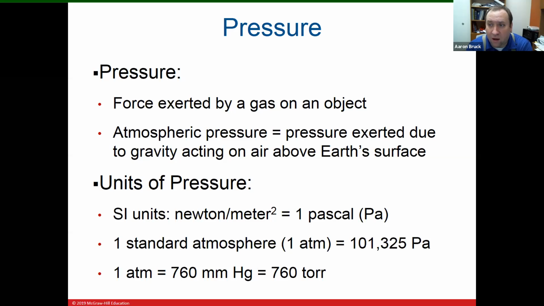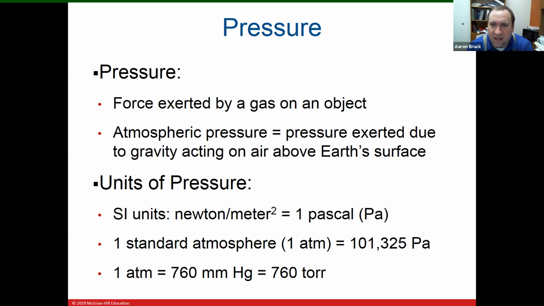Pascals, Pa, are the SI unit for pressure. Now, pascals are tiny amounts of force. Just for context, a standard atmosphere of pressure, the pressure that is being exerted on you right now, is about 101,325 pascals.